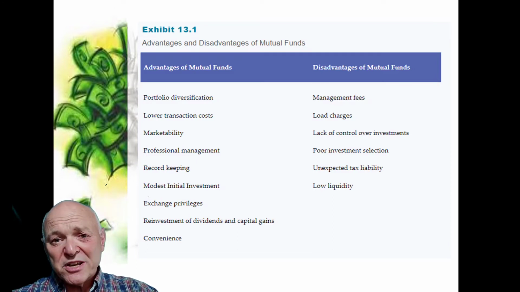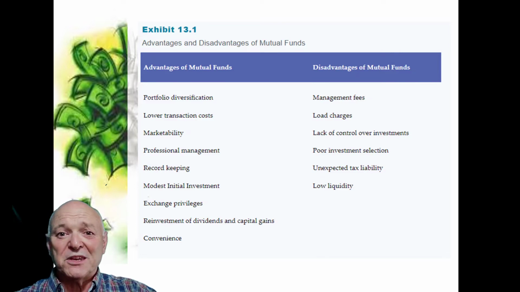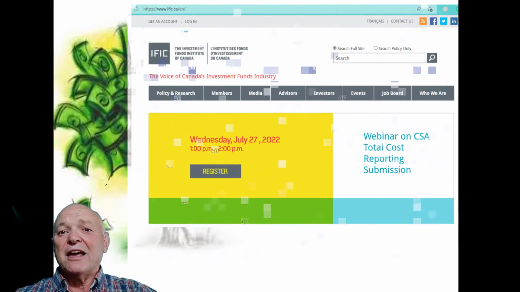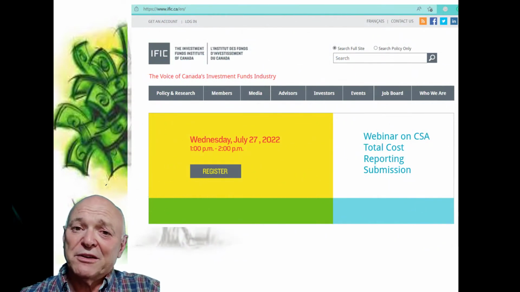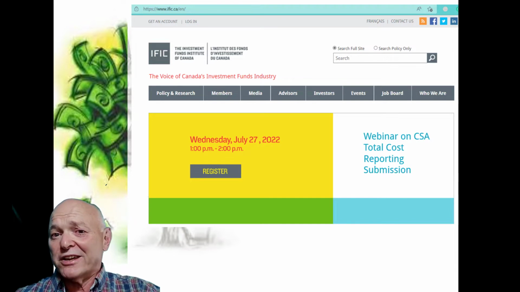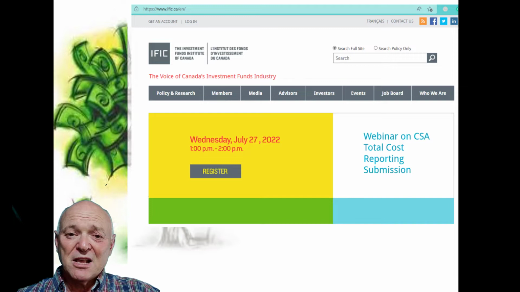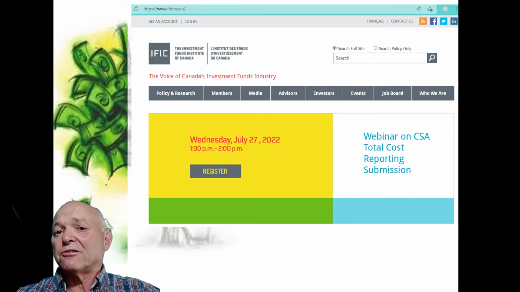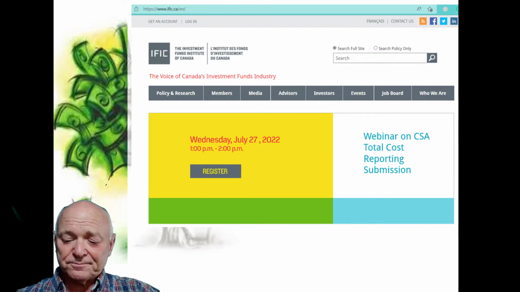Now, the industry itself has been segmented between the investment dealers, who we saw earlier when we talked about equities, and in the mutual fund area, we have the Investment Funds Institute of Canada. They're the self-regulating organization which manages mutual fund dealers. They also are responsible for public education and for policing their own industry.